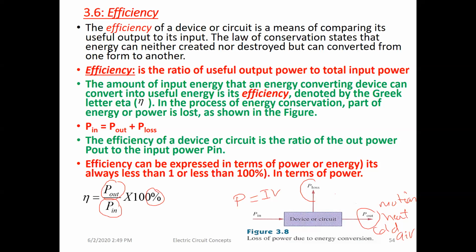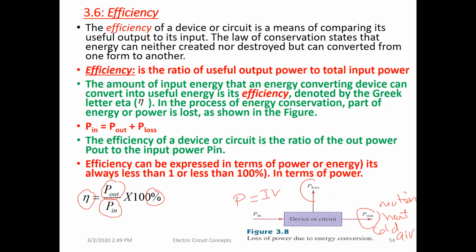Now, the efficiency has no unit, because it is power over power, and both output power and input power have the same units. So the efficiency is unitless, they call it.